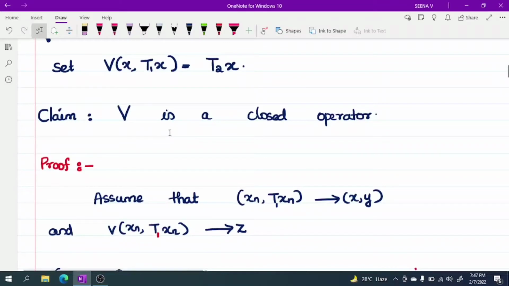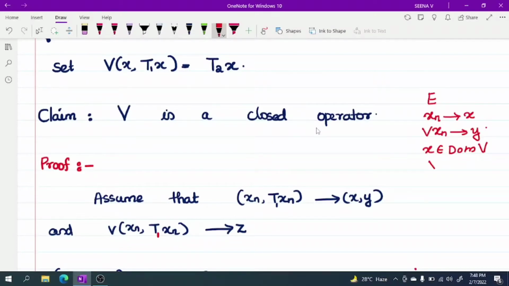Now we claim V is a closed graph operator. To prove this, what do we have to show? Take a sequence in E, say xn, such that xn converges to x and Vxn converges to y. This should imply x belongs to the domain of V, and we have to prove Vx equals y.